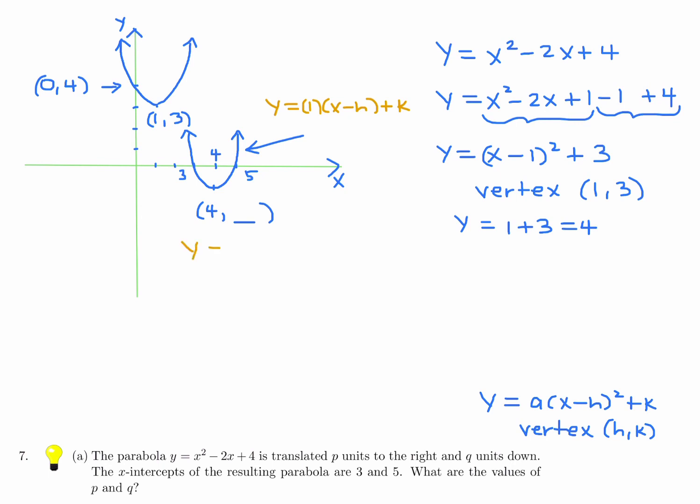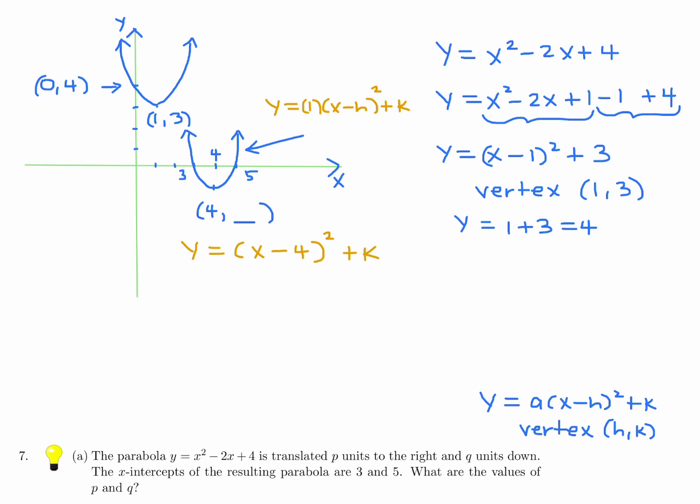Well, I know that the h I have to subtract is 4. I just figured that out by looking at the diagram. So now I just have to figure out the k, and that k will give me the necessary y-coordinate of the vertex.